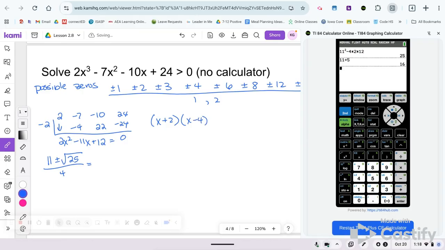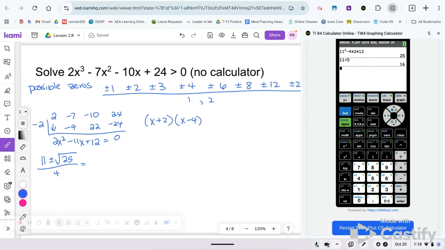And 11 minus 5 is 6, divided by 4 is 3 halves, which would be 2x minus 3. All right, so all of those have a multiplicity of 1. So they're all odd multiplicities.